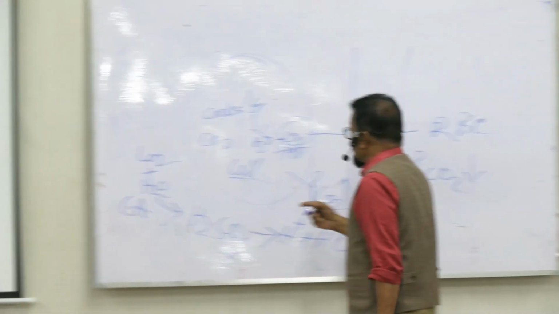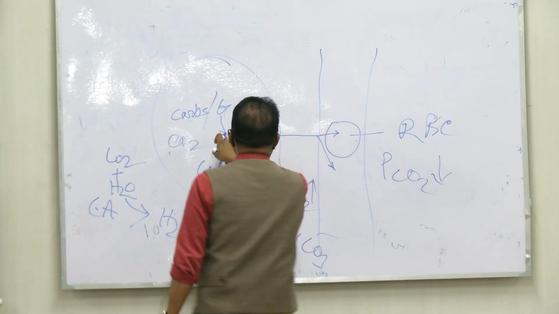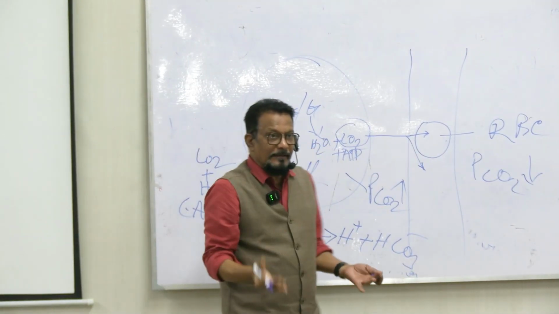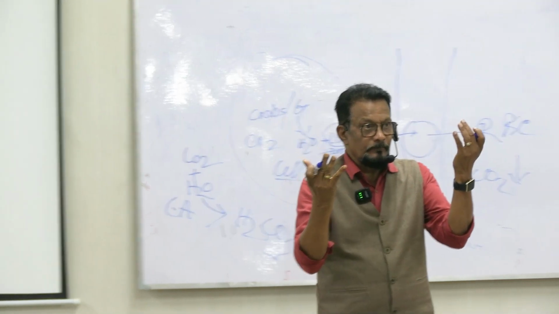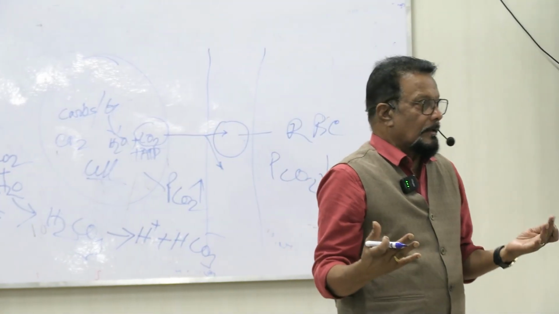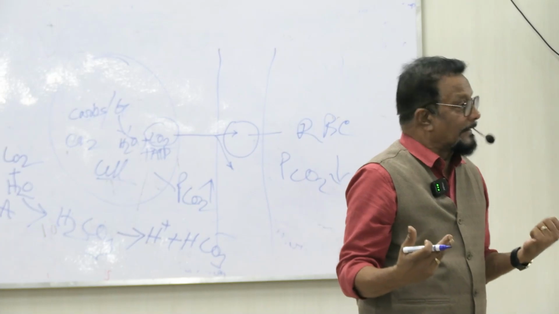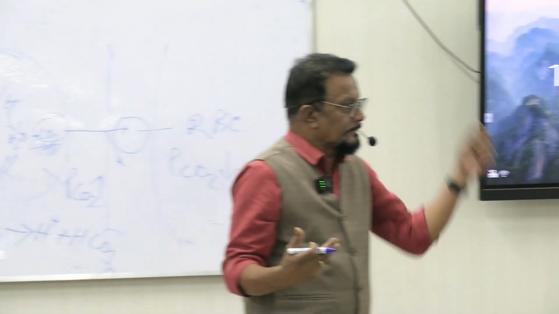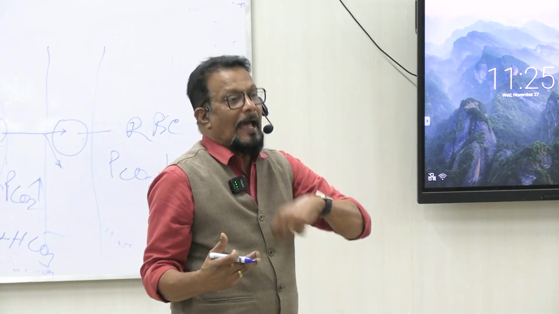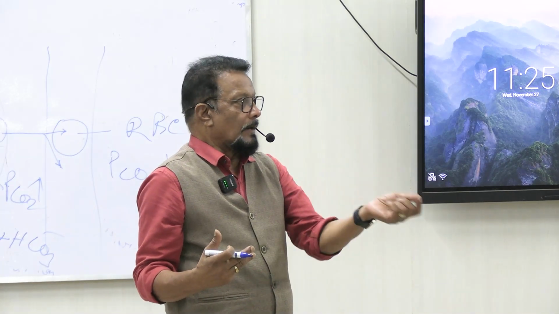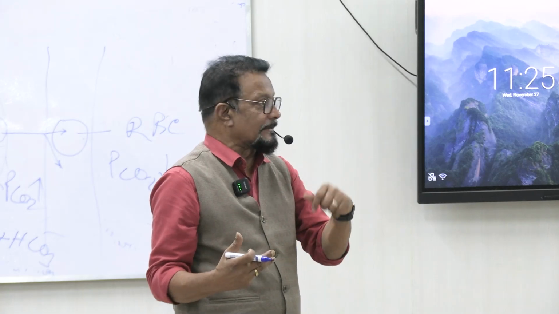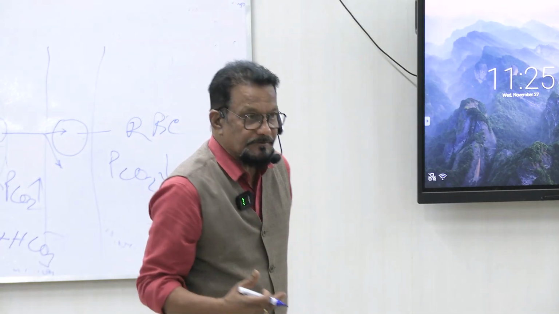Now see, with the increase in carbon dioxide production, when there will be increased need of ATP, then it will use more oxygen, and as a result of this, because of increased oxidation, it will produce more carbon dioxide.